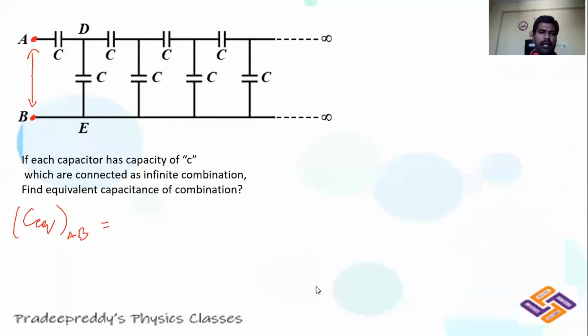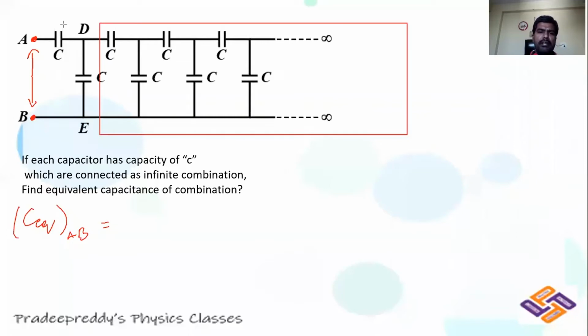Now, what I will imagine is, I'll consider this total part, which I marked with red ink. The effective capacitance of this total part, I will consider as some C naught.